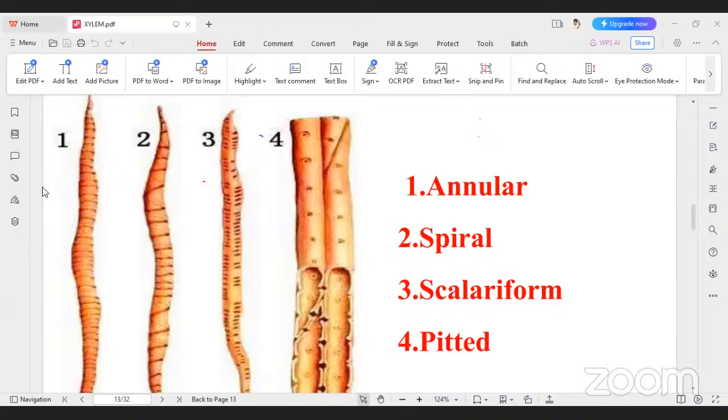Simple, annular, just lines; spiral, with an S-shaped thickening; ladder, scalariform, like a ladder; and pitted thickenings, where pits are here and there. So this is about the different types of thickening present in the tracheids.